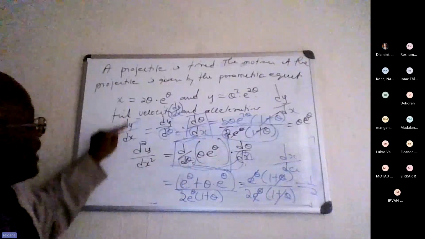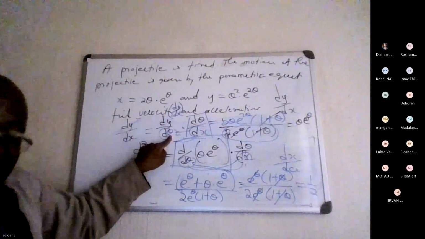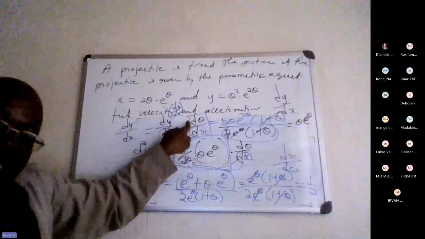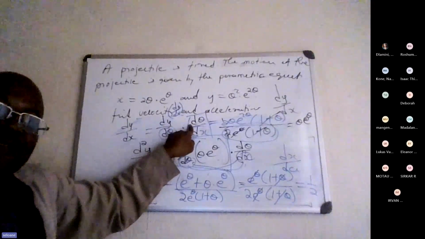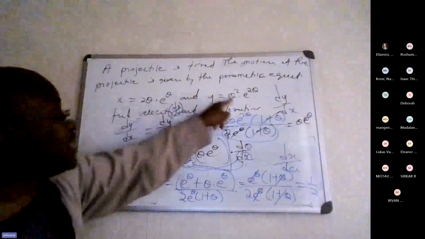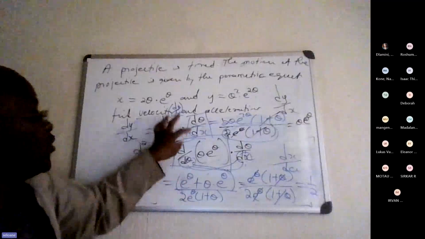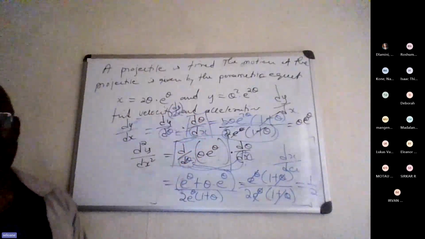Then we're going to say dy/dx is equal to dy/dx, then multiply by 1. But how do you write that 1? You write dθ/dθ, because theta here is our middle variable. Then from there, you swap the denominators.